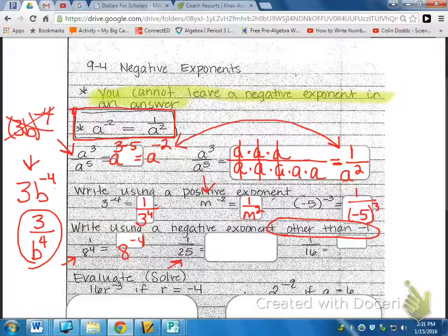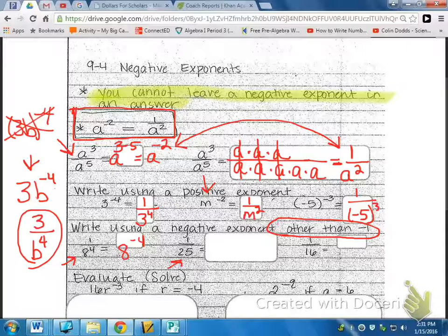1 over 25. Now, 25 doesn't have an exponent, so normally if it doesn't have an exponent, it's automatically a 1, but I said you can't use a negative 1, so let's think about 25 for a minute. Can 25 be written any other way that might have an exponent in it? Can you think of something you could do with 25?